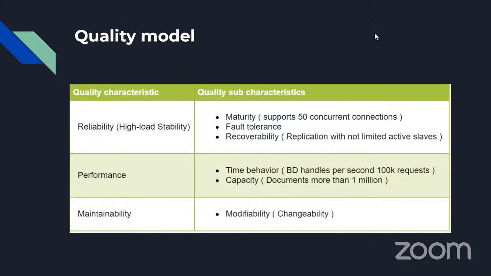It means that the main idea of the project was that a database could handle 50 concurrent connections. No other database could have done that at the point of research.